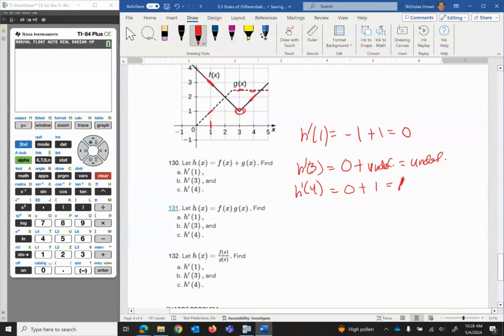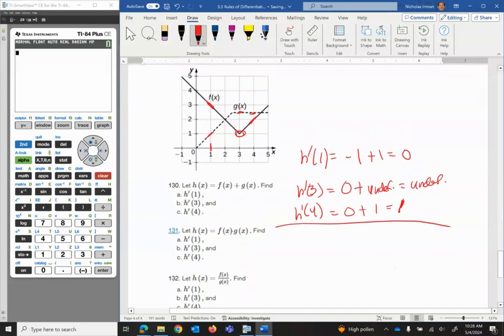All right, if we multiply though, we have to do our product rule. So the derivative at 1. To do a product rule, remember it's f prime g plus f g prime.